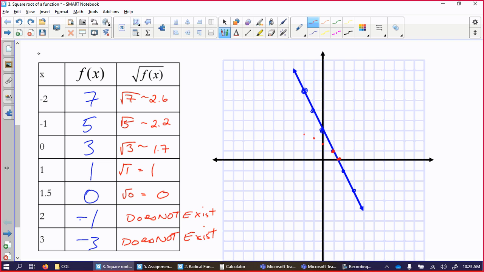What if I do negative 3? If I extend my table back, 3 plus 6 is 9. The square root of 9 is 3. So negative 3 and 3. This is a linear function. Oh, that was awful. It was horrible.